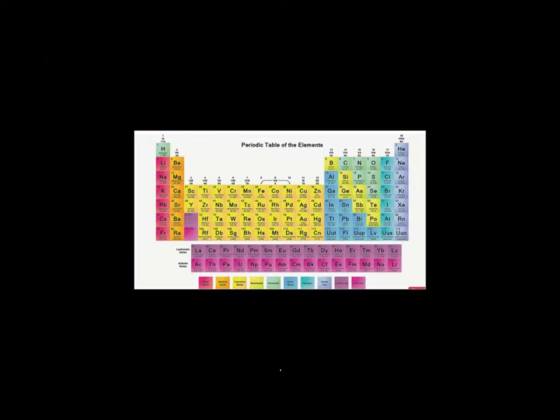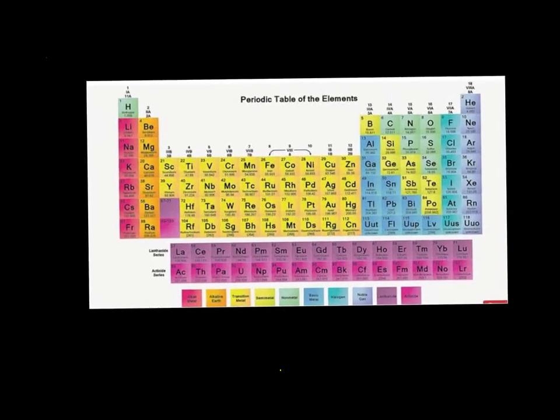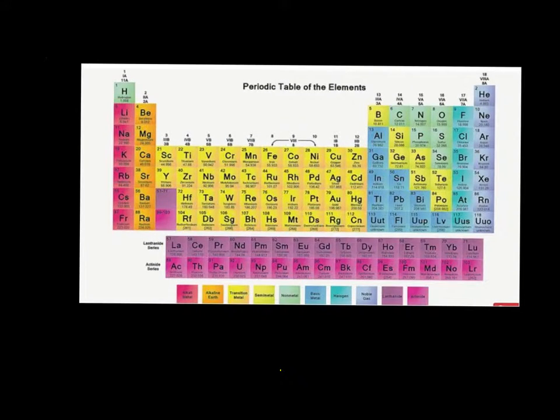Looking at the periodic table again, you need to distinguish the difference between representative metals or representative elements and transition elements. Representative elements include elements of group 1 and 2, and then groups from 13 to 18.